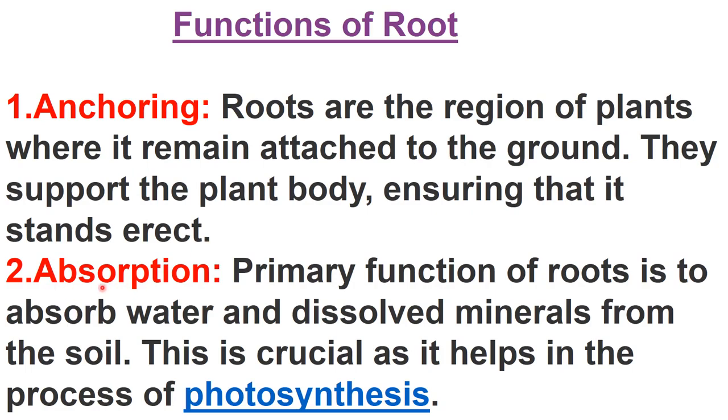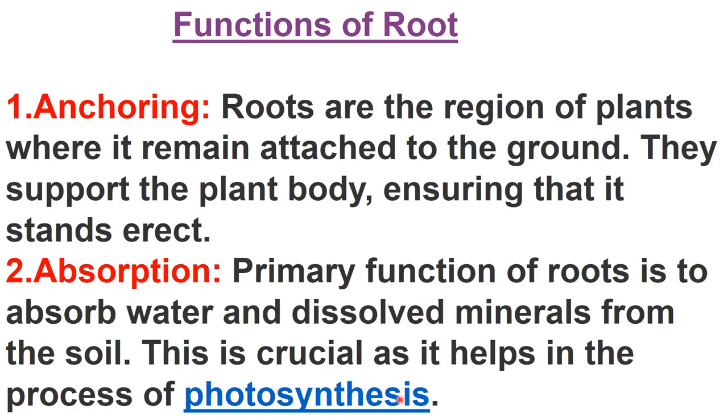Second function is absorption. The primary function of roots is to absorb water and the dissolved minerals from the soil. It absorbs the water and also the minerals which are present in the soil, and these minerals are crucial for photosynthesis, because for the synthesis of food by the plant, water is required and also many minerals are required.